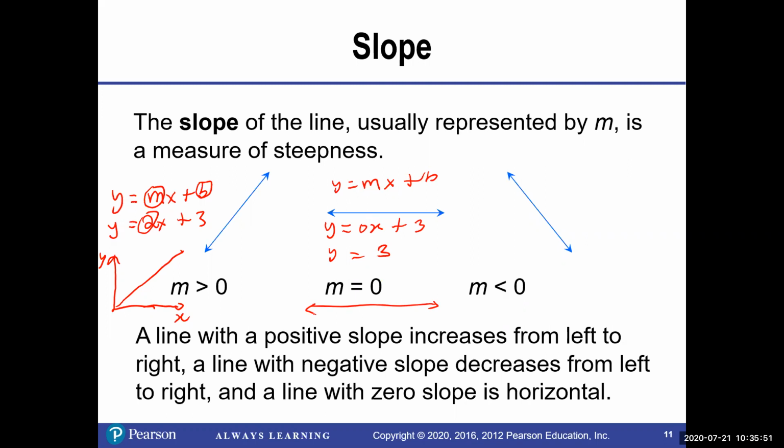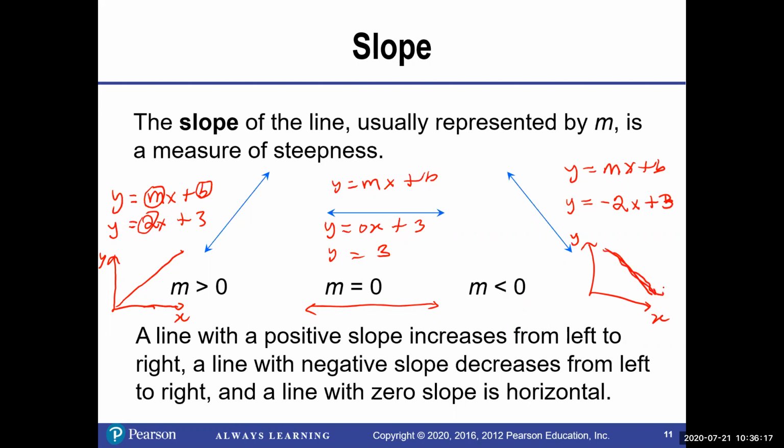Now, if I have another equation, this means my slope is negative. When my slope is negative, I'm going to do negative 2x plus, say, 3, and I'm going to get a line like that. So this is my y and that is my x. This means the slope is what?